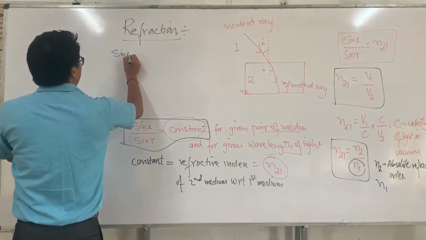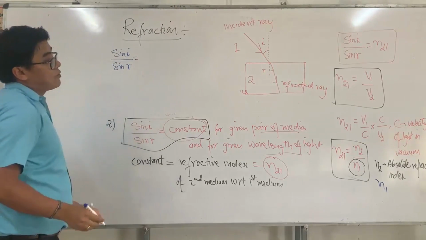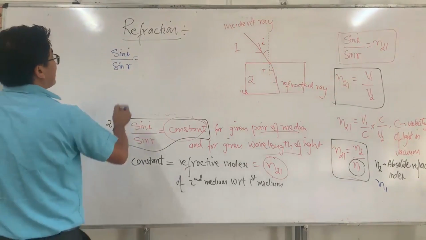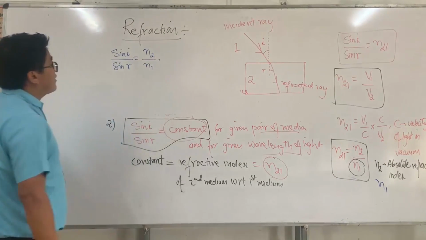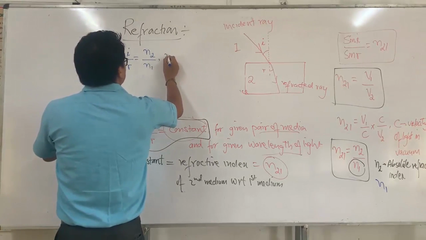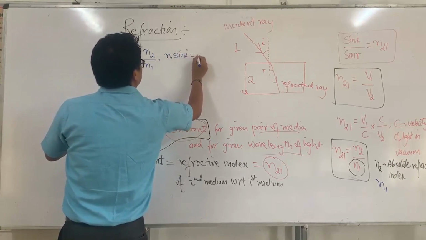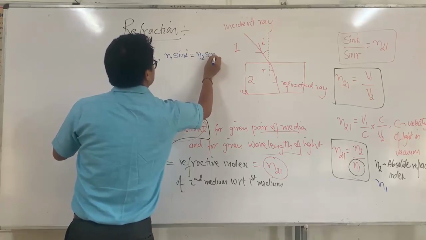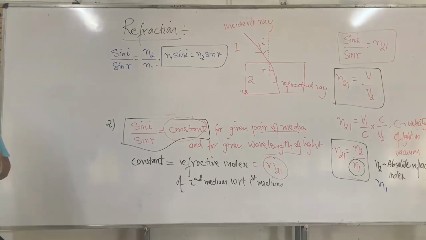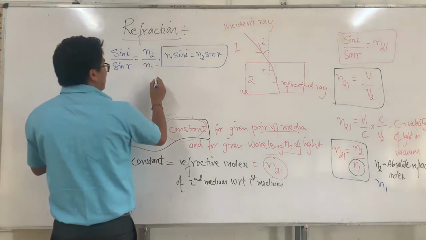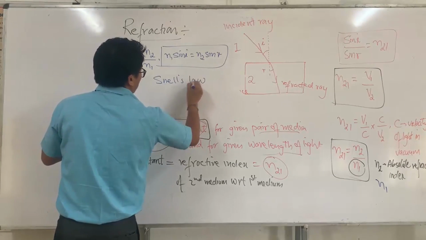Sin I divided by sin R is equal to N21, which is given by N2 divided by N1. Alright, and the equation N1 sin I is equal to N2 sin R. This is a simple equation, and this equation is what we call as Snell's law.